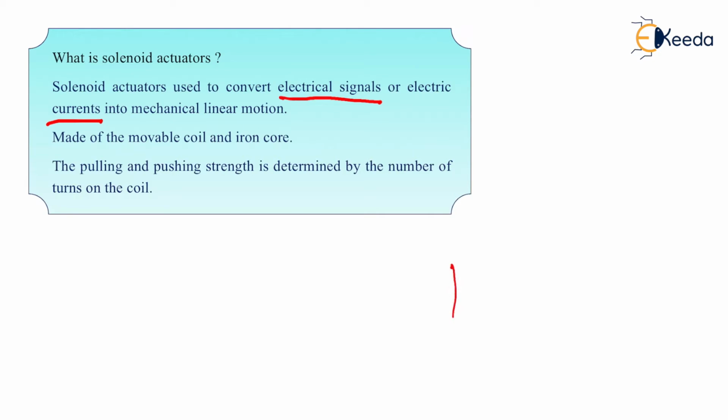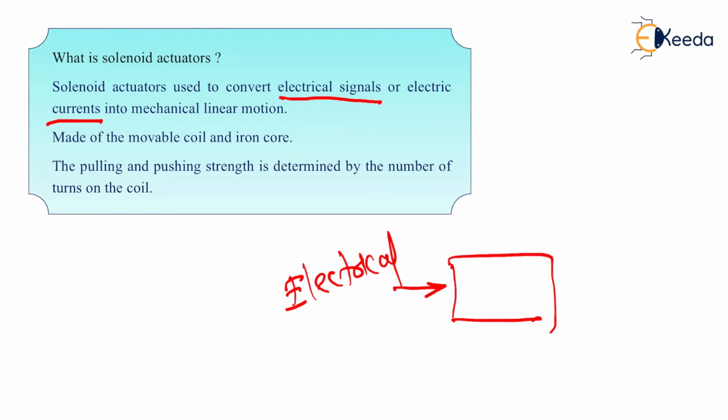So here is our actuator where the input is electrical and it is converted into mechanical. The mechanical output can be linear motion or angular motion.